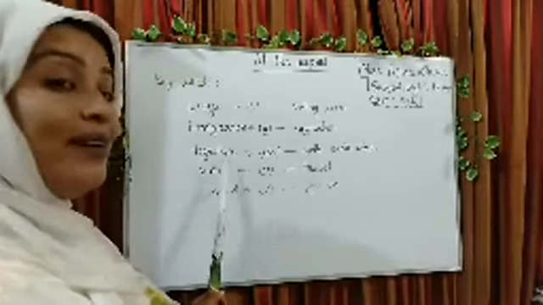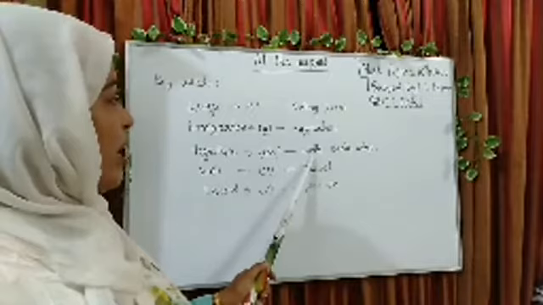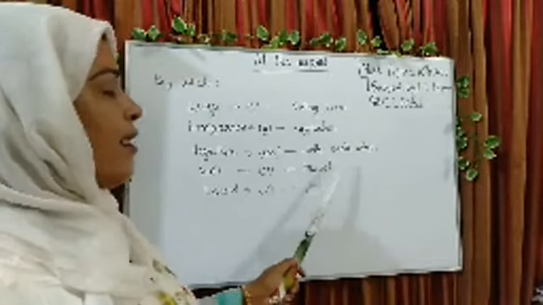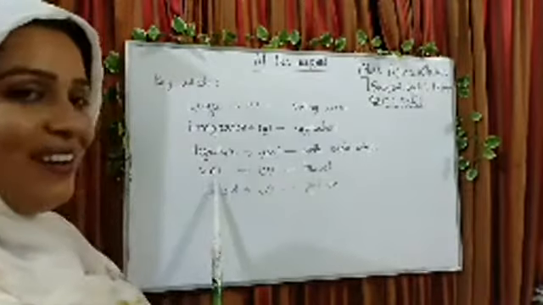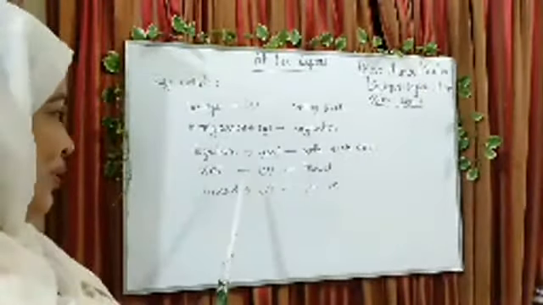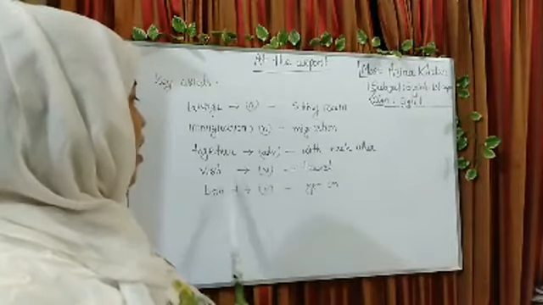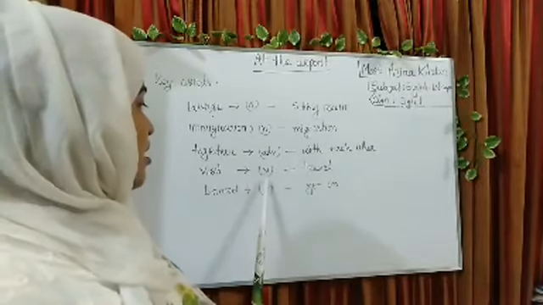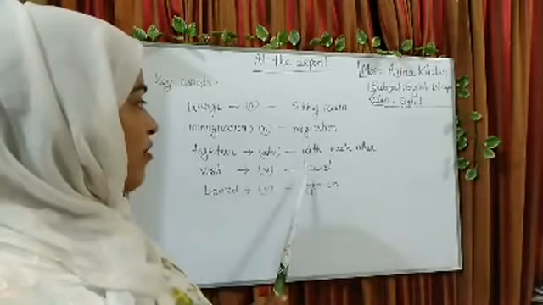Together is an adverb. Together's synonym is with each other. Our next word is visit. It is a very easy word. I hope everybody gets its synonym. Visit is a verb and its synonym is travel.